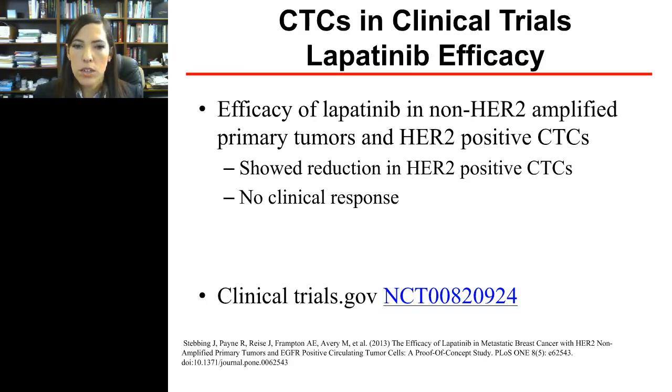In this particular study, no clinical response was determined, but these types of studies are very important to look at treating the patient based on their circulating tumor cells instead of just the primary tumor. We think that that'll give a better therapeutic regimen for the patient.